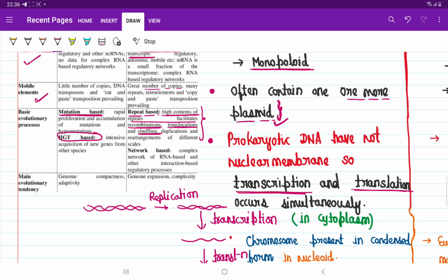Recombination, you see, like in our meiosis, recombination occurs, right? And sometimes there will be translocation of part of the genome across chromosomes also, so all these things can be seen. Okay. And then if you see the evolutionary tendency, the genome will show compactness and adaptivity in prokaryotes, but here the genome will show expansion and complexity, I mean in eukaryotes.